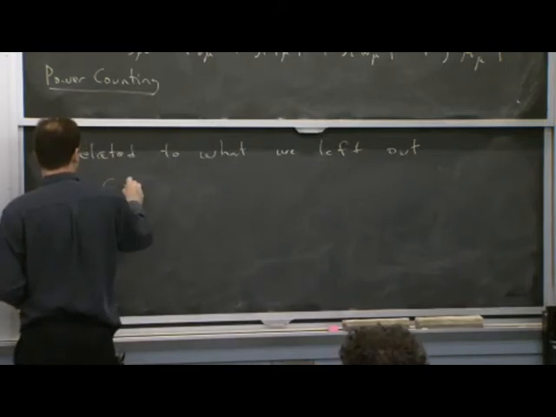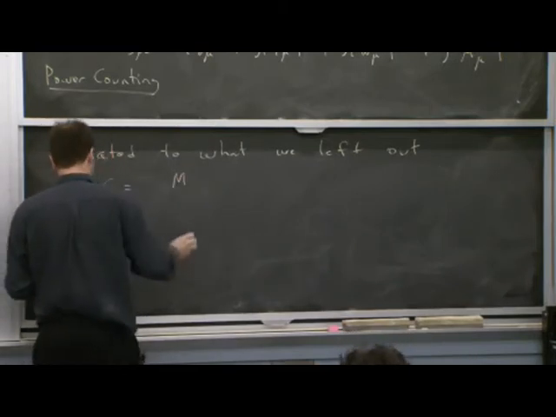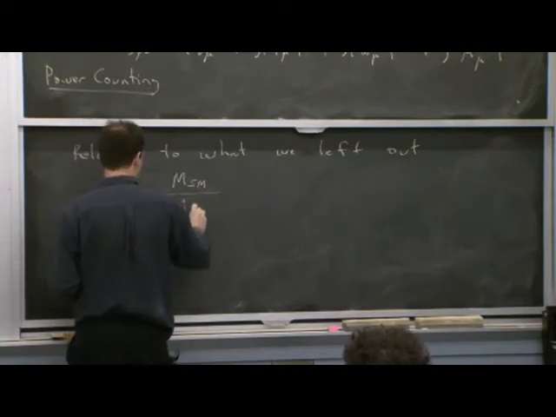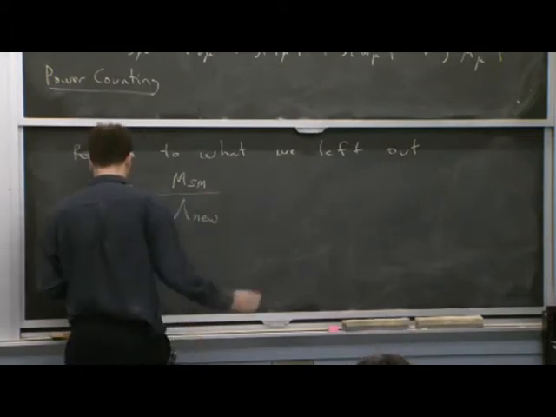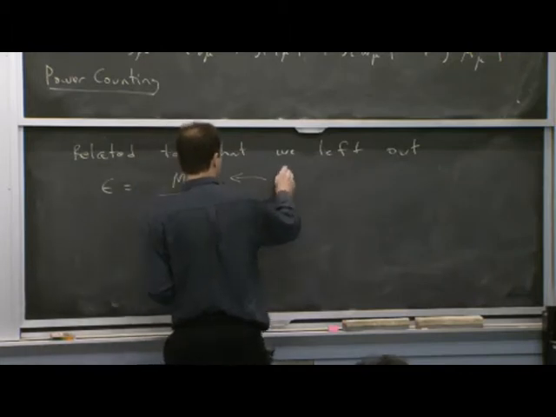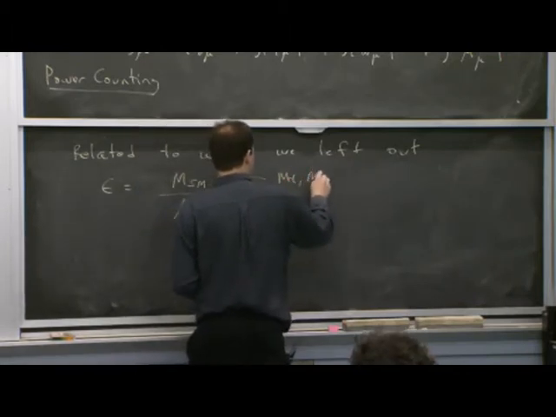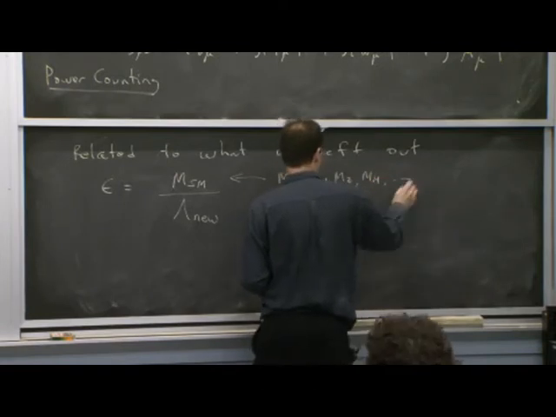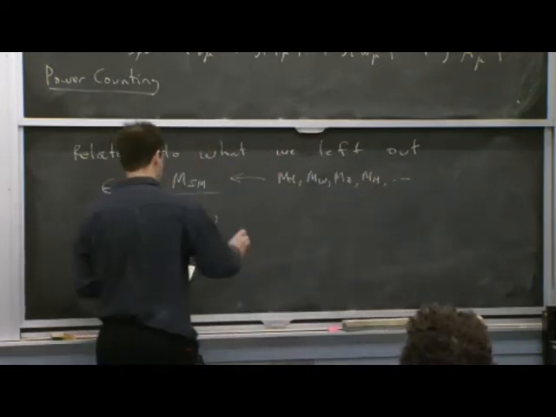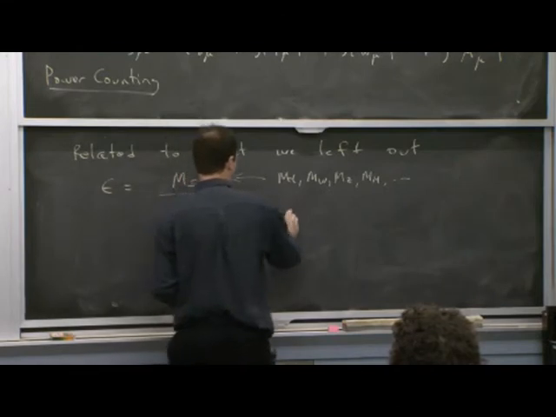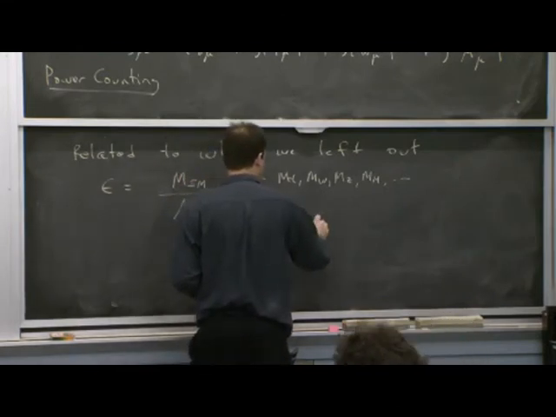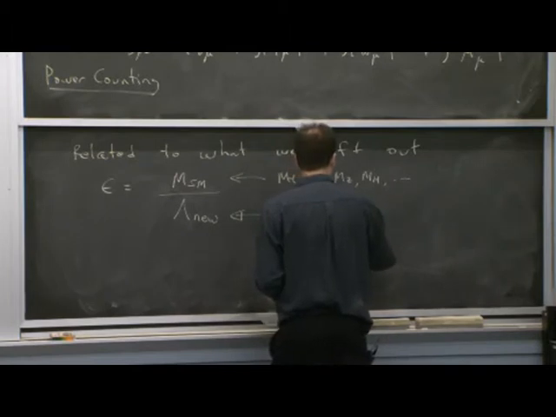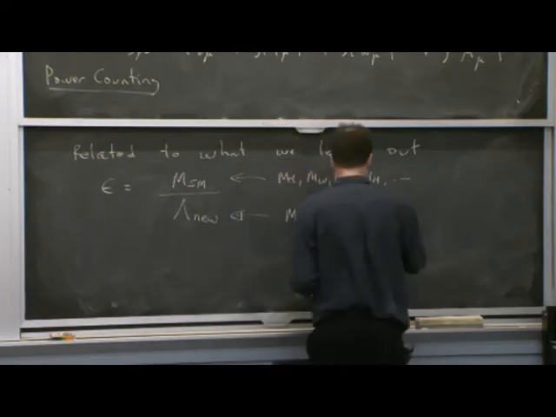So we're expanding in epsilon here, where epsilon is mass scales in the standard model divided by things that we've left out of our description. In the numerator would be things like the top quark mass, the W mass, Z mass, Higgs mass, all the mass scales of the standard model. In the denominator, well, certainly something like M Planck is left out of our description here. If we had some grand unified theory, that goes in the denominator.